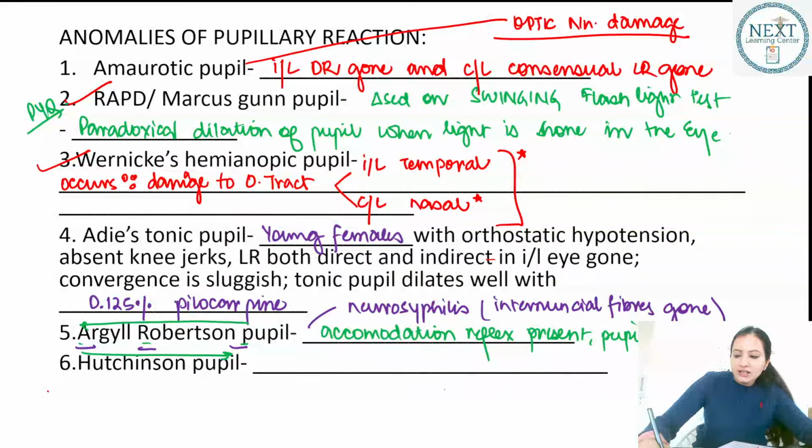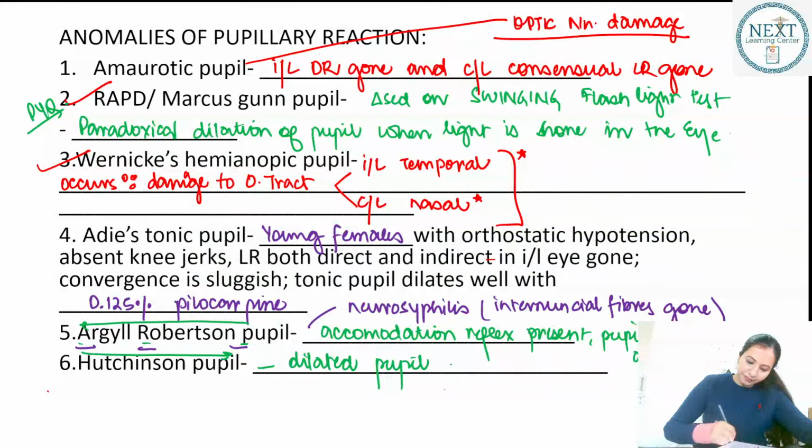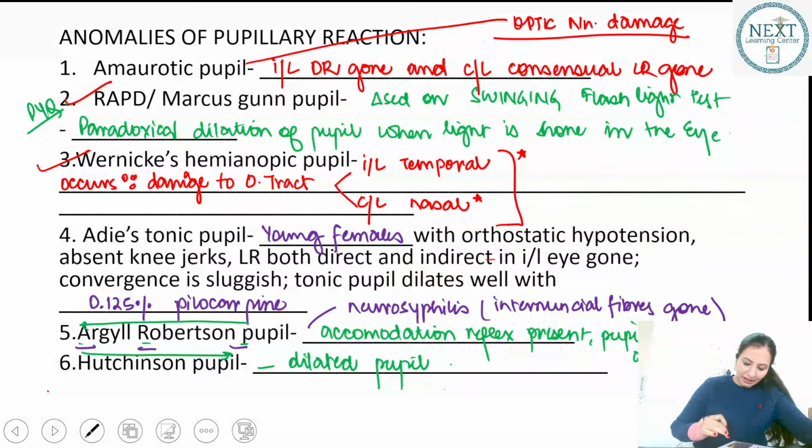So this is how it is. Then you have a Hutchinson pupil, which is also known as dilated pupil. So these are the anomalies of pupillary reaction.